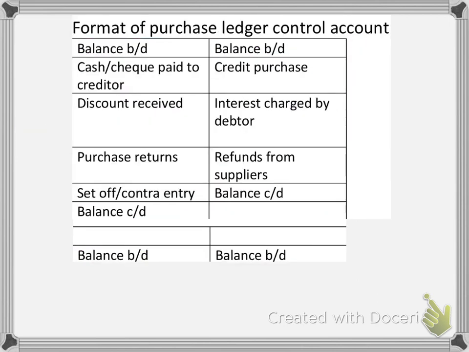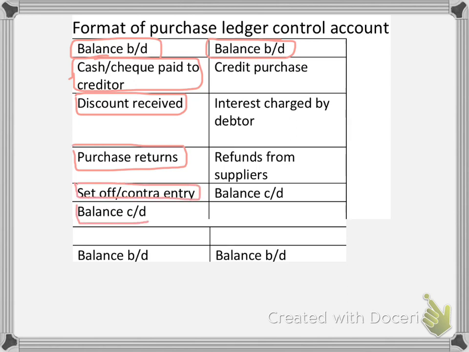Now the purchase ledger control account. Again, first is the balance brought down on both sides, and this control account generally has a debit balance. And then on the debit side we have cash or check paid to the creditor, discount received, purchase return, set off or contra entry, and balance carry down.